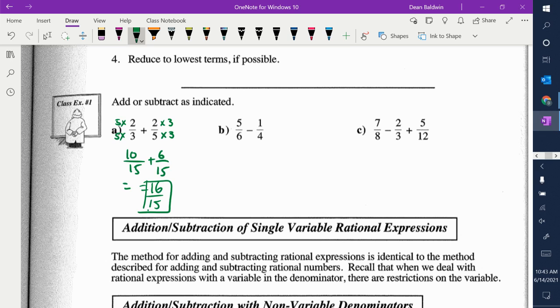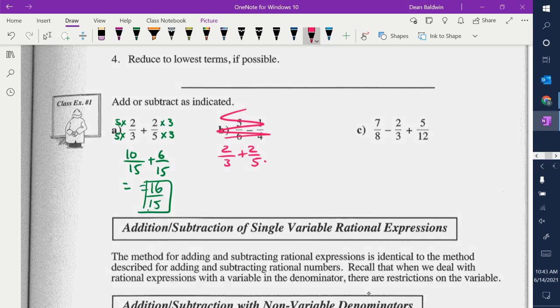There's another way you can do it that helps out when you're dealing with what we're going to deal with in a sec here. Let's write it over here. 2 over 3 plus 2 over 5. Basically, if you just multiply the denominators together, 3 times 5 is 15.